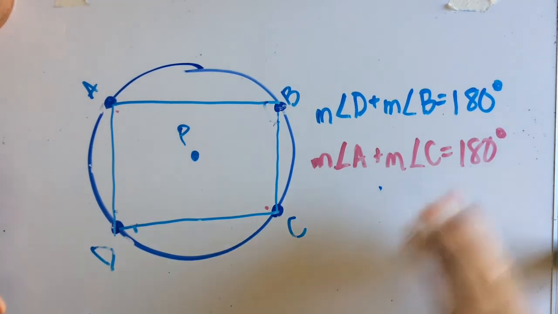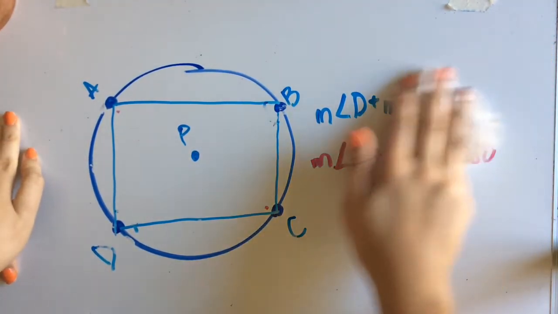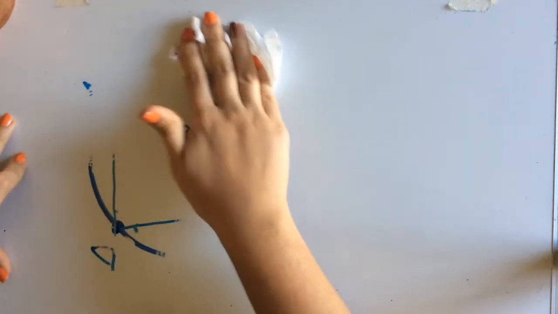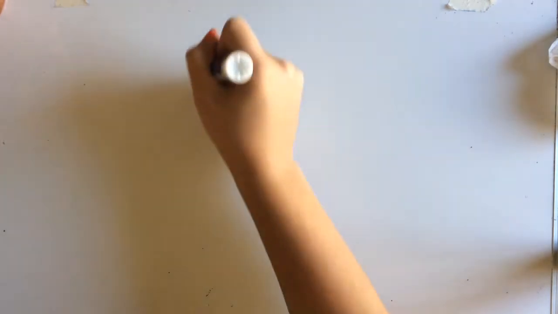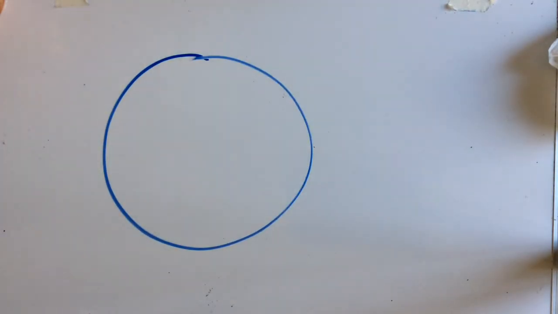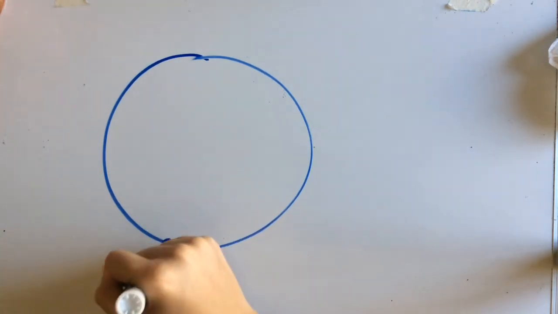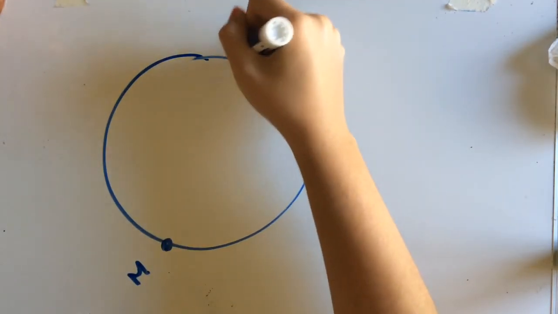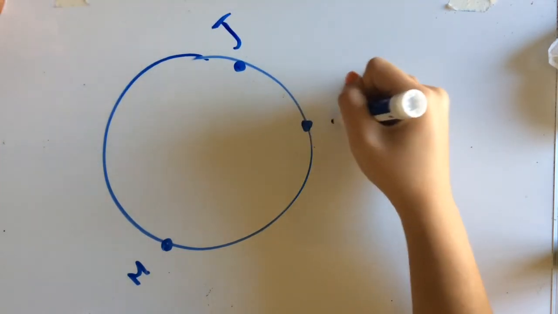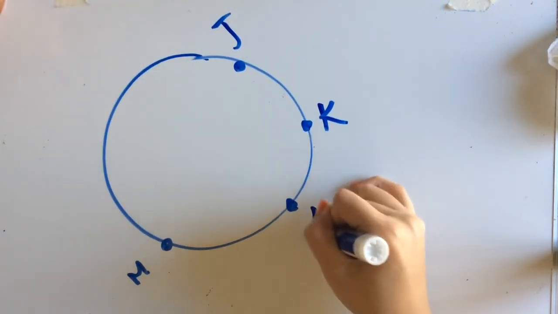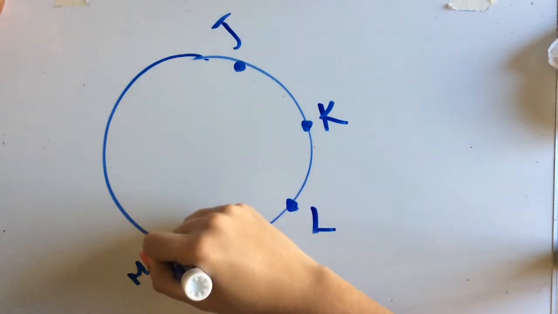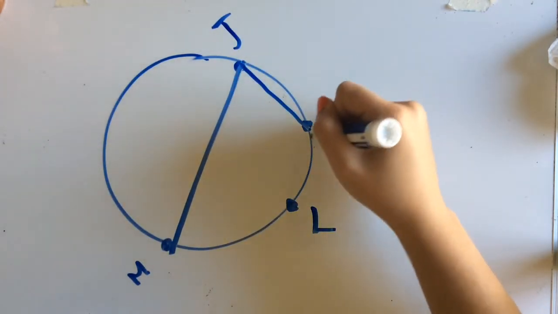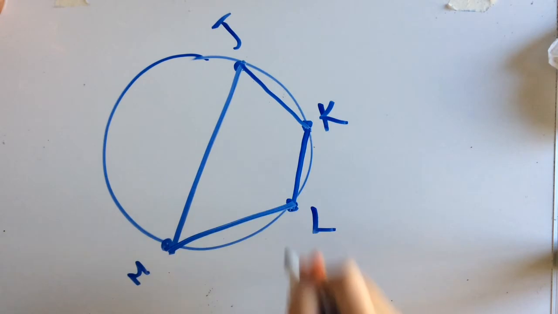So let's go ahead and use what we know about inscribed quadrilaterals to solve some examples of homework problems. So let's say we have a circle, okay, with, let's say this is M, J, let's put K right there, and L right there, and let's connect all of these points with segments.